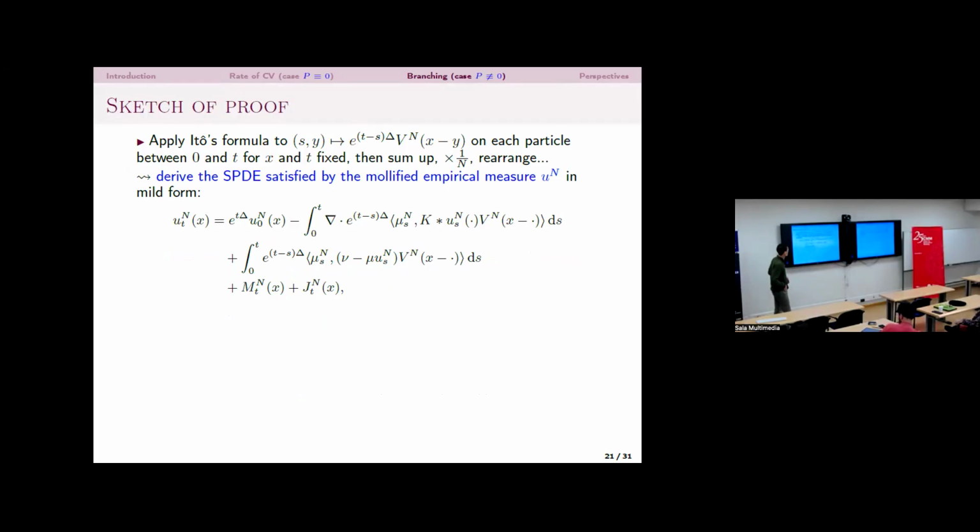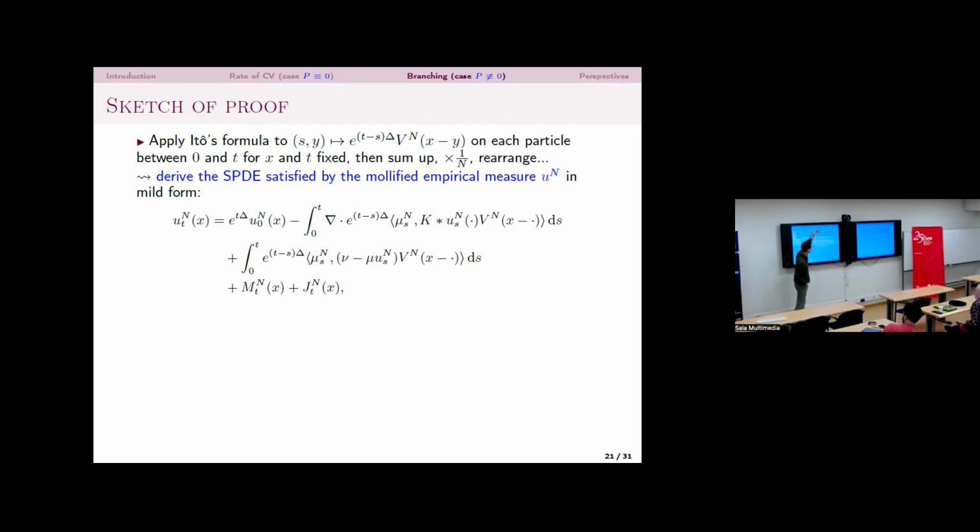But to give you a flavor of what's happening here, we are really trying to compare U_N directly to U and to have a Grönwall argument going on. So the first thing, of course, is to write an equation on U_N in the same form as the mild equation that we had for the PDE. So we do the same. We will apply Ito's formula on this function evaluated at each particle.